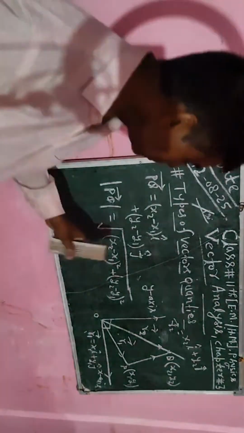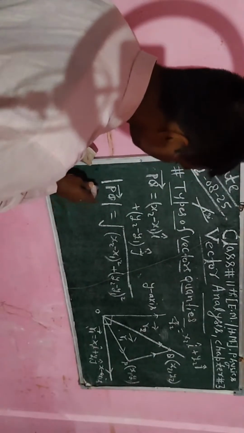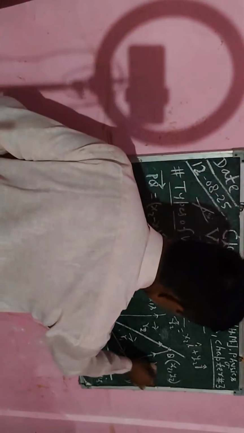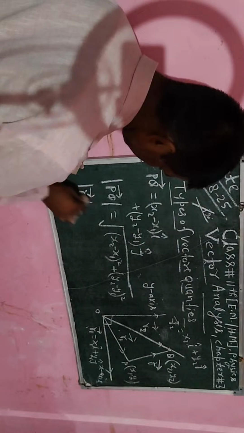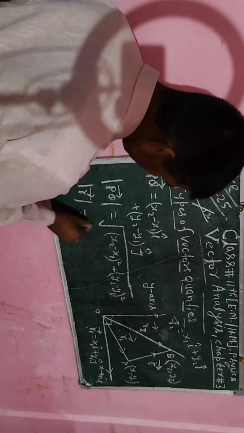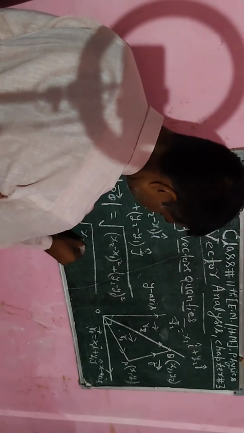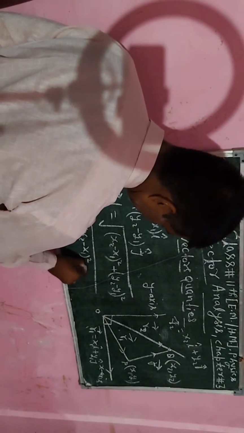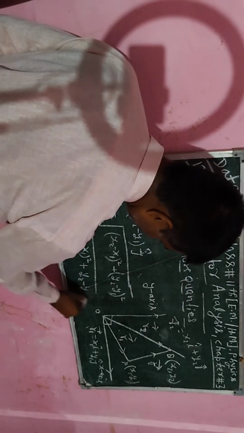Okay student, now I am going to say the next information. This position vector, if I represent it as R, then I can write the magnitude of vector R, which is equal to the square root of (x2 minus x1) whole square plus (y2 minus y1) whole square.